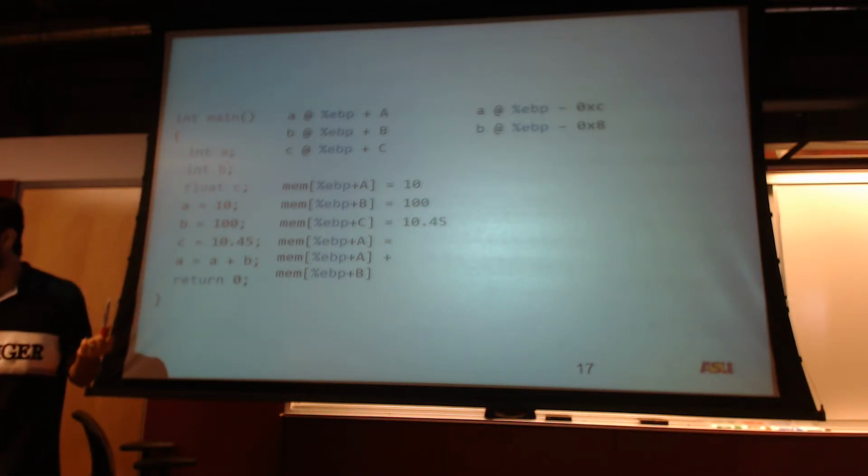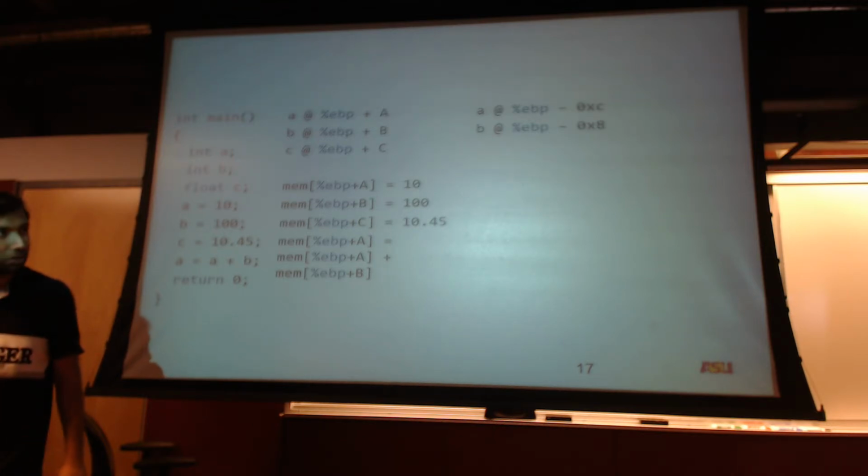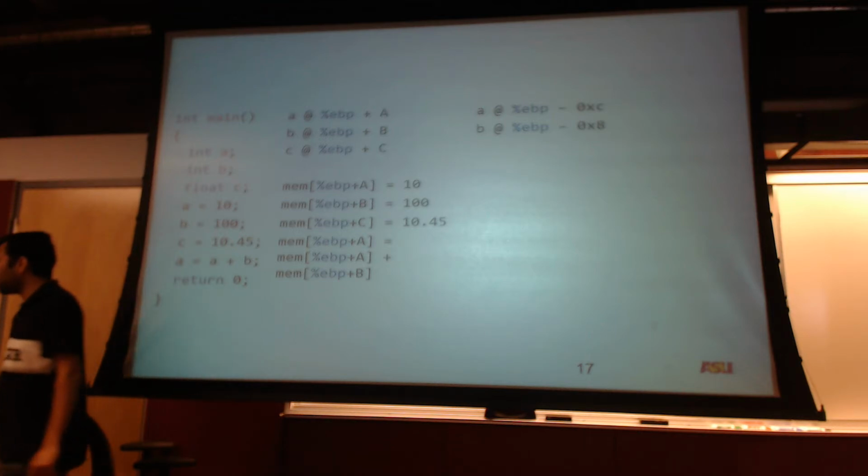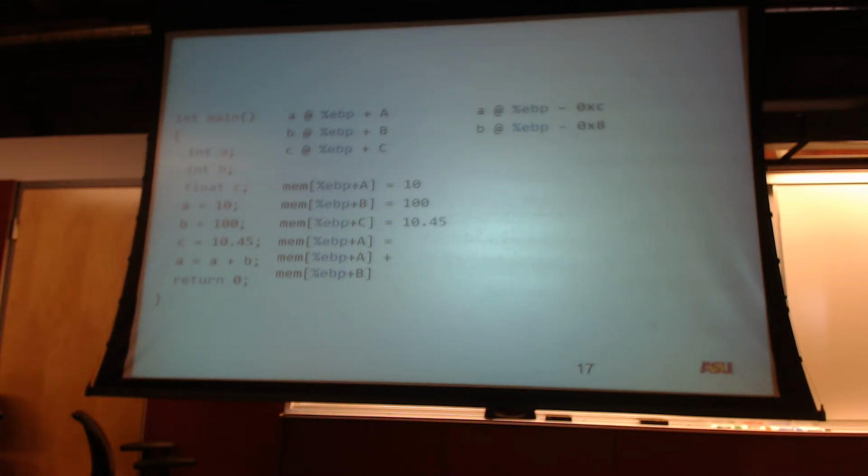Why did it become minus 8? C is minus 4, right? That's good. And then you put the value of C in EBP minus 4. Basically 8 minus 4.